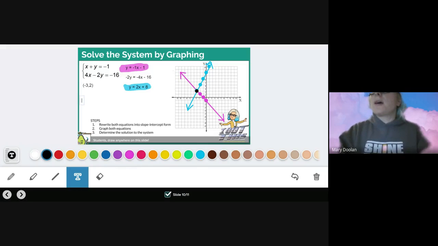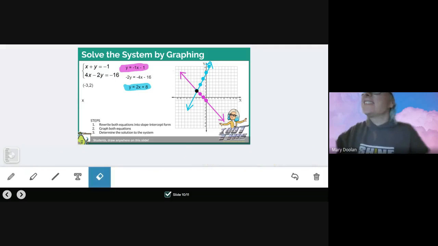We're going to start with x plus y equals -1. I don't know why it's writing it like that. Let me erase that one because that's being kind of silly.